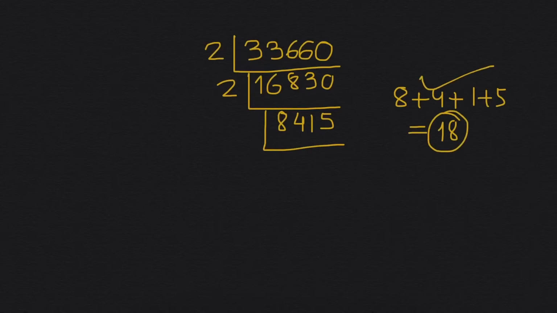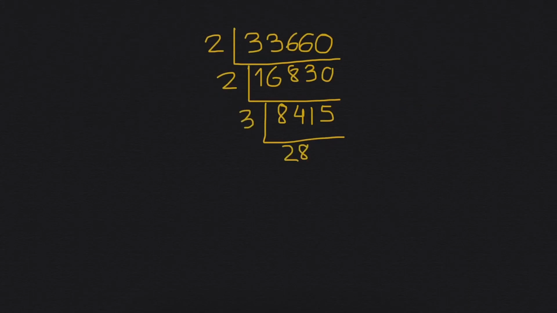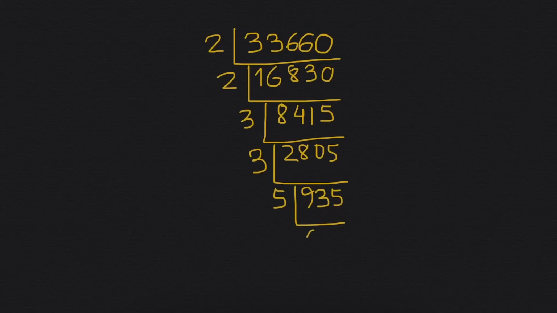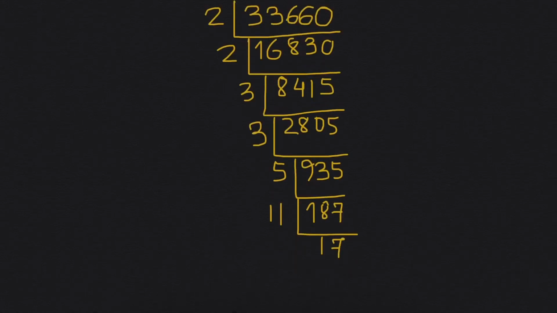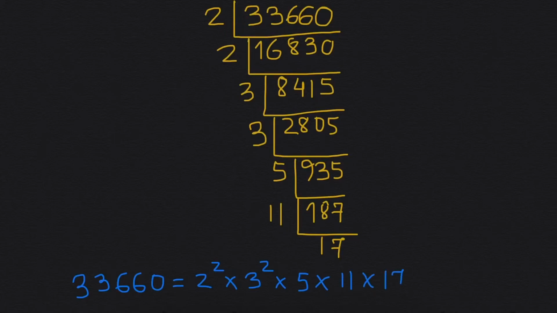So 8415 is also divisible by 3. So we can write 33660 as 2 square into 3 square into 5 into 11 into 17.